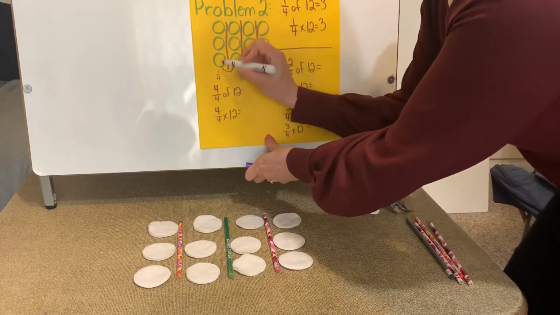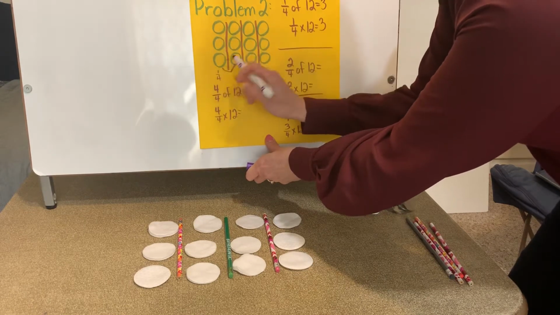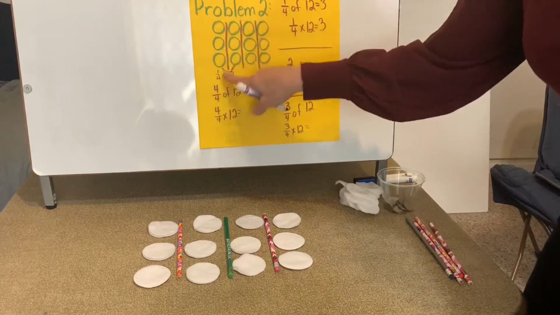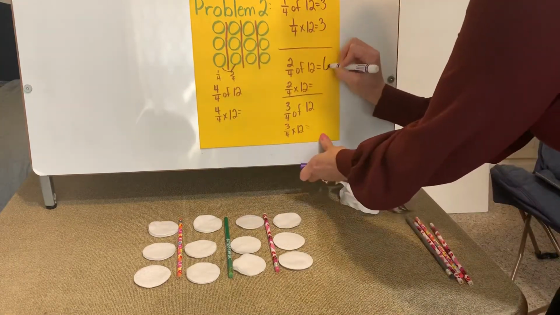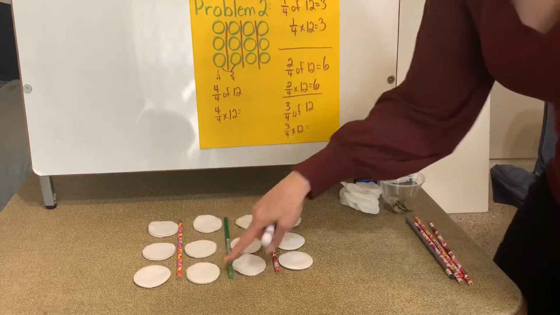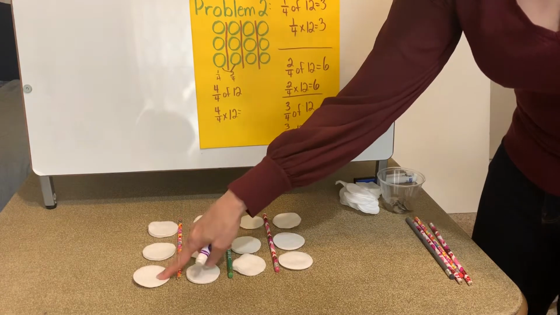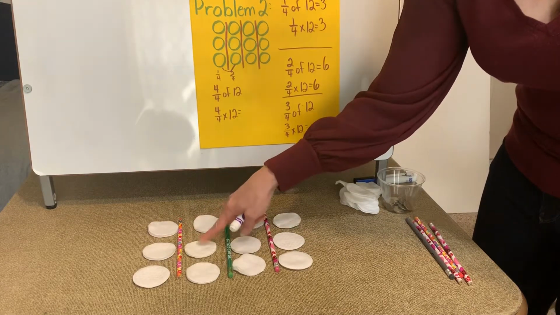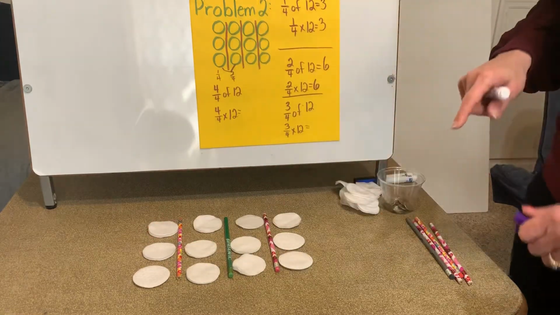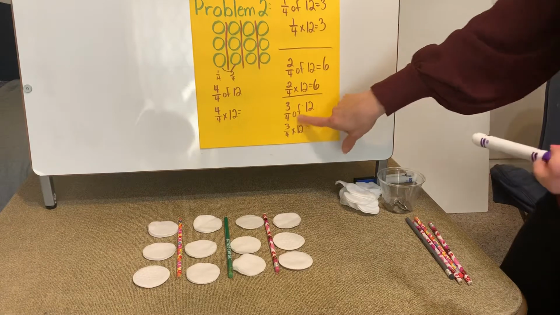So I've got 1 group of fourths, 2 groups, 4/4. 2/4 would be 3, 6. 2/4 times 12 is 6. If I look down here at my cotton rounds, 1, 2, 3, that's 1/4. 4, 5, 6, that's 2/4. So that matches.